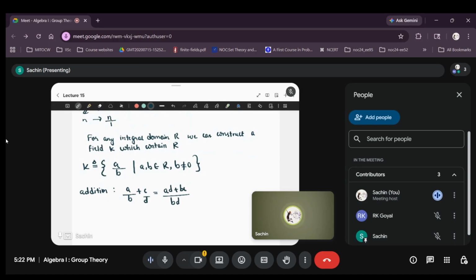Since R is a ring, AD is a ring element by closure, BC is a ring element by closure, so AD plus BC is also a ring element. And since R is an integral domain, and K is the set of all elements of the form A by B where the denominator is not zero, B is not zero and D is not zero, BD will not be zero. So the sum is also a fraction of two ring elements where the denominator is not zero.